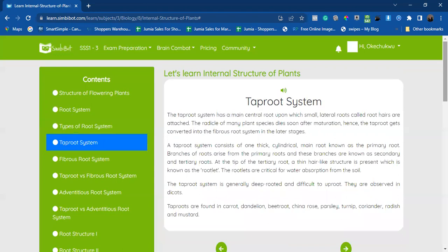Now, taproots. They have a central root system upon which small lateral roots called root hairs are attached.